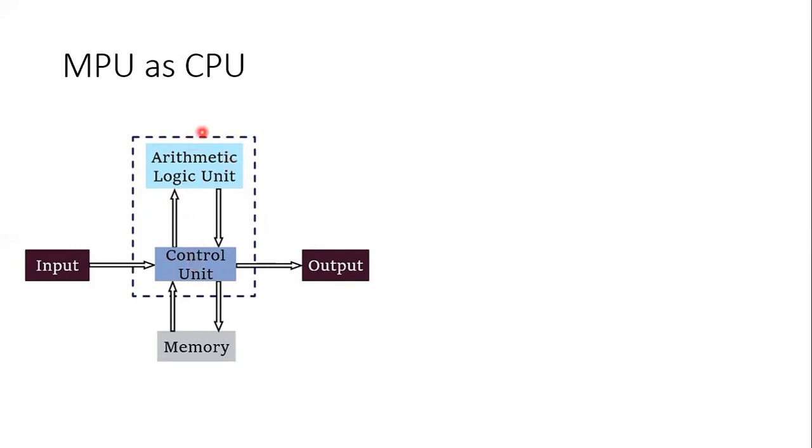So these are performed by the ALU, that is, the arithmetic and logical operations. The control unit overall controls the system. It receives the data and sends it to memory. Then again, if any calculations are needed, it sends it to the ALU. Then the result will be sent to the printer or any output device.